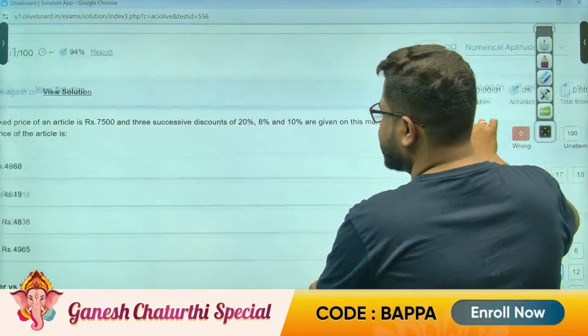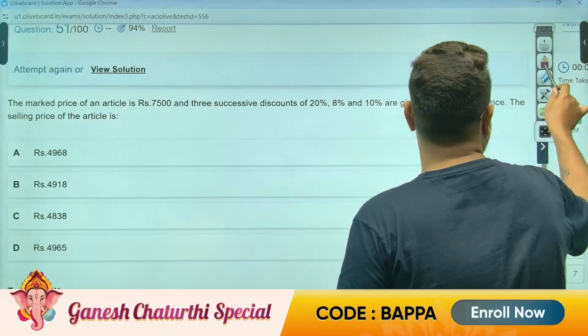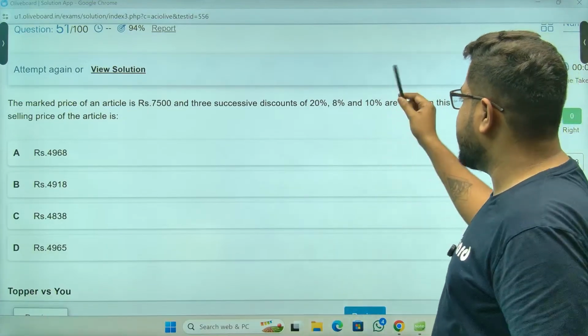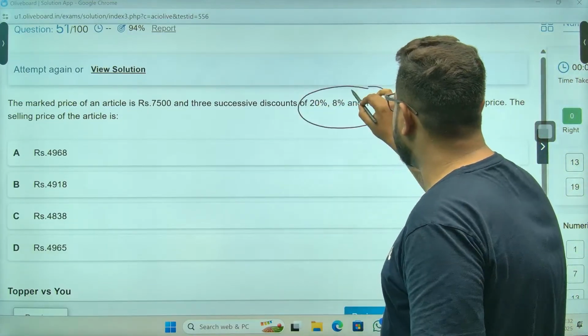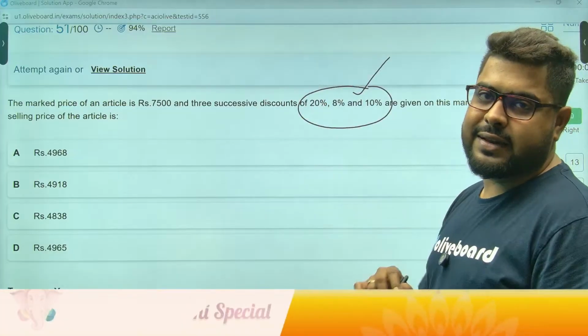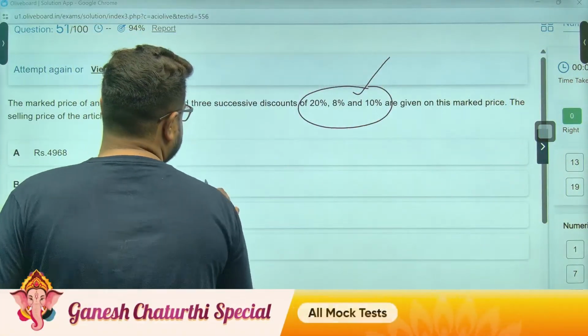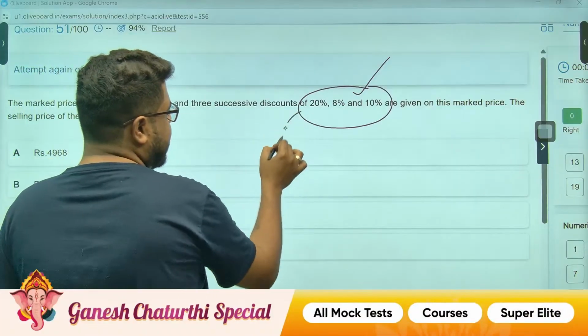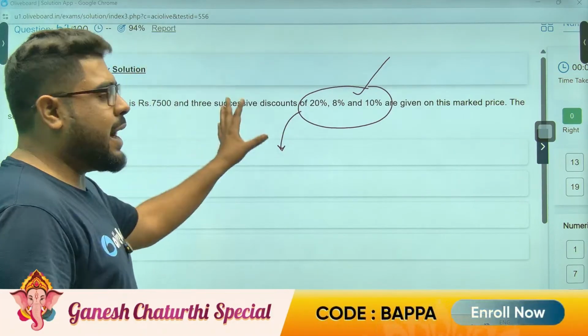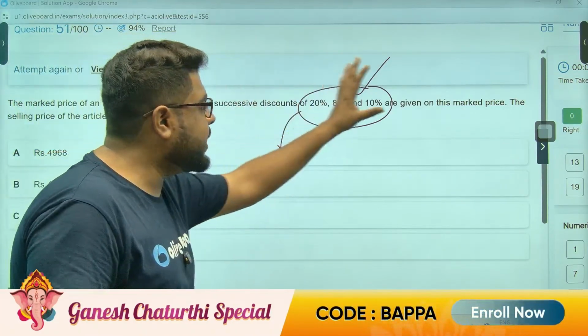Next one, half the things are done. Marked price, 3 percentages. I told you, either you can go by AB theorem, but let me show you one good, innovative method. What will be the selling price after all 3 discounts?